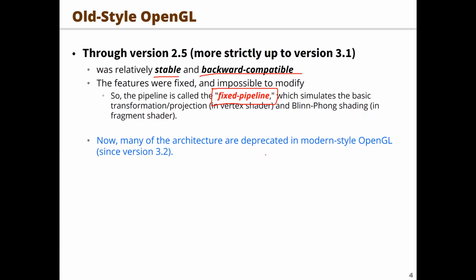More importantly, industry now uses modern style OpenGL only, so old style OpenGL is no longer used in industry. It still survives, but usually only in graphics courses. But in this course, I don't use old style OpenGL, and you are also not allowed to use old style OpenGL. You only have to use modern style OpenGL.